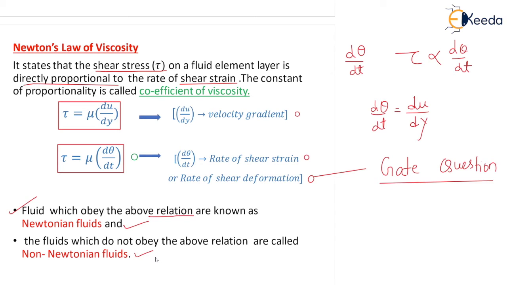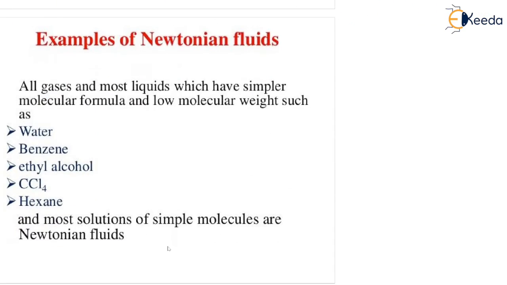Let's go to the next slide and see the examples of Newtonian and non-Newtonian fluids. First of all, the examples of Newtonian fluids. All gases and most liquids, that is fluids which have a simpler molecular formula and low molecular weight, such as water.